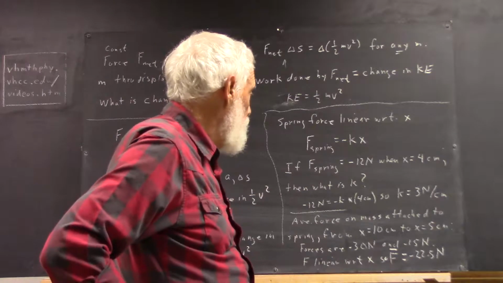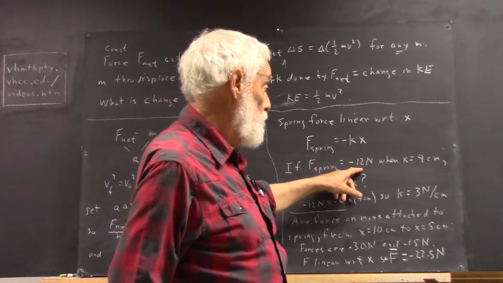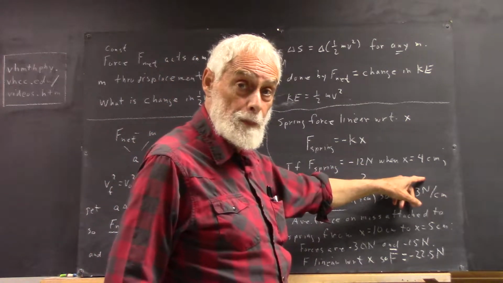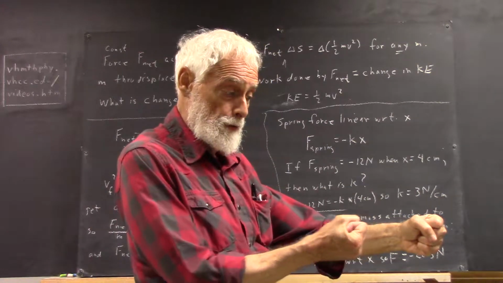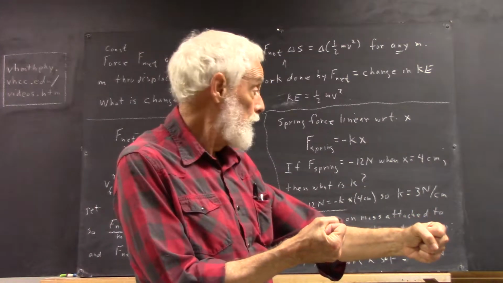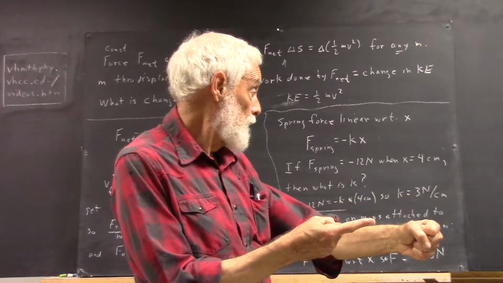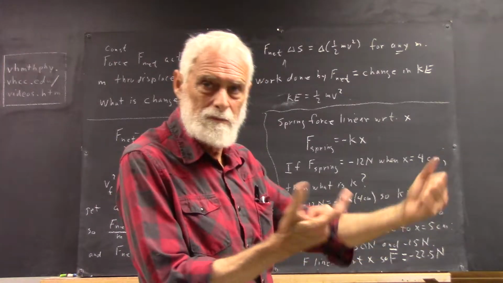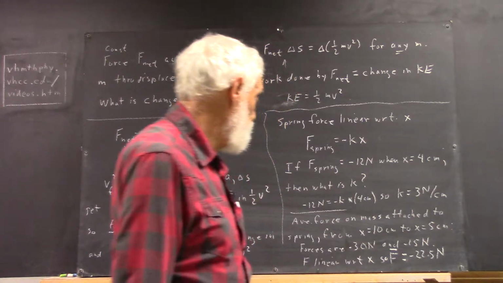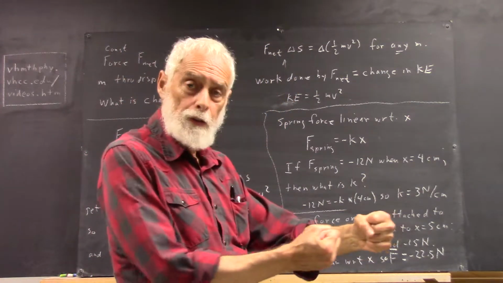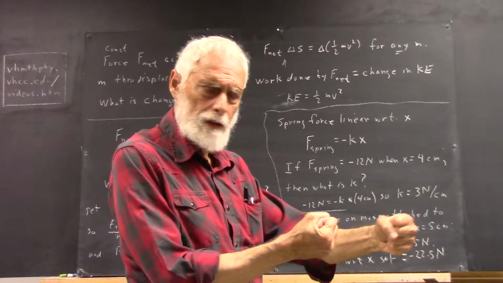If the force of the spring is negative 12 newtons when x is 4 centimeters, that means I pull this thing out 4 centimeters, about that far, and it exerts a force of 12 newtons that way. Okay, and 12 newtons is between 2 and 3 pounds, closer to 3. So it's not a huge force, but that makes a relatively stiff spring.